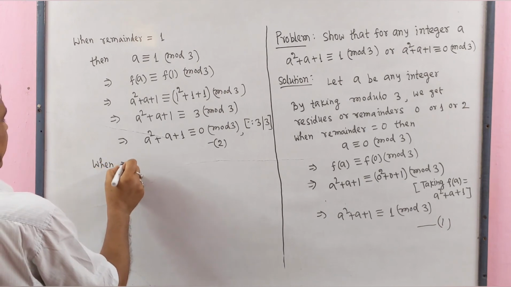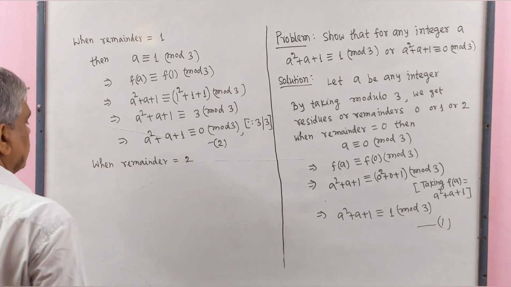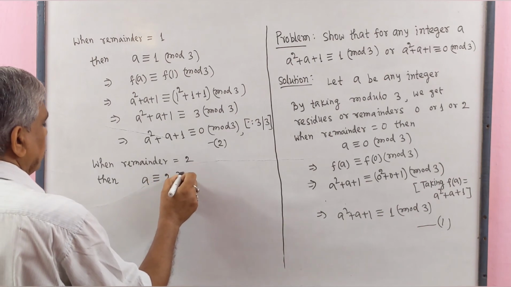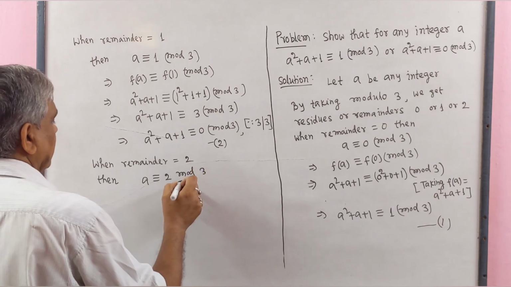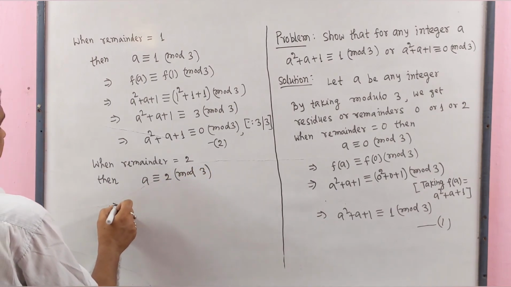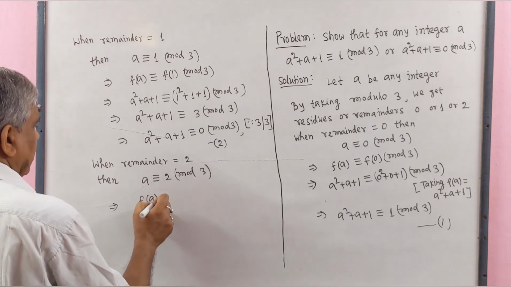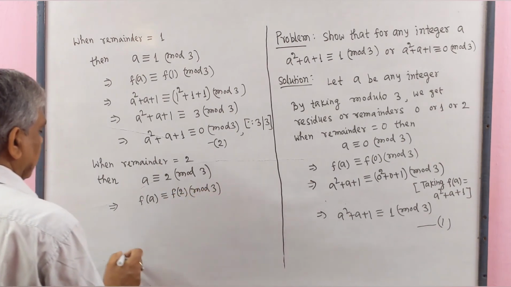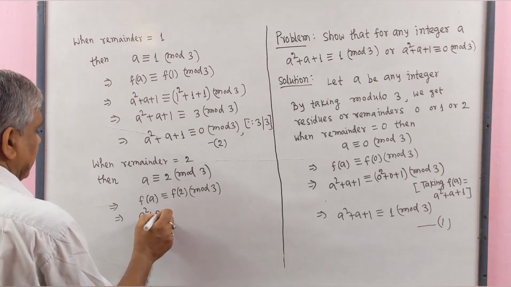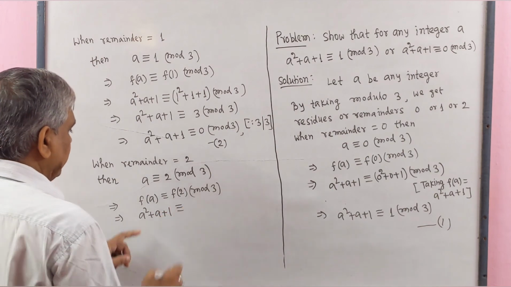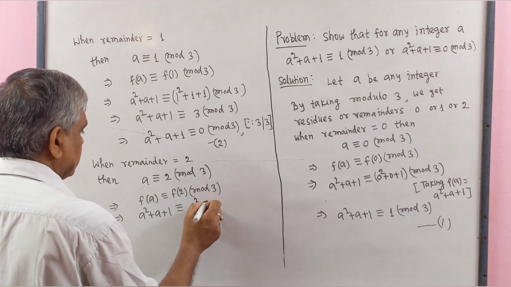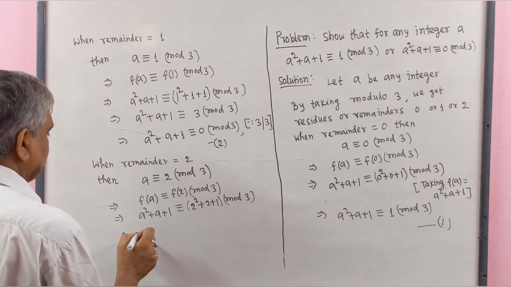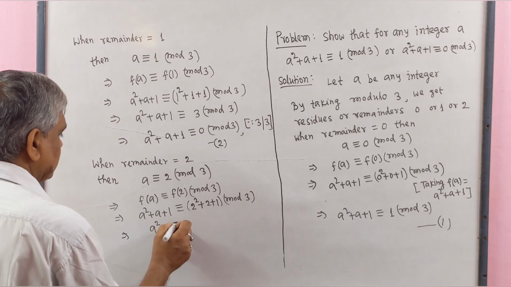When the remainder equals 2, then a is congruent to 2 modulo 3, implies that if a is congruent to 2 modulo 3, implies that a squared plus a plus 1 congruent, in place of a we write 2 squared plus 2 plus 1 modulo 3, implies that a squared plus a plus 1 congruent.